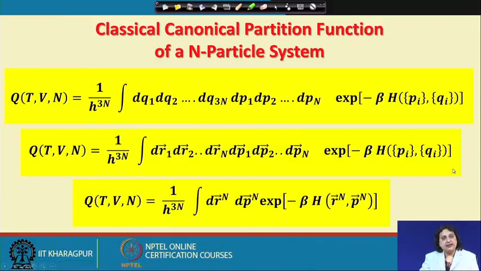and I can extend this discussion to an n particle system where the phase space is going to be much more complicated.